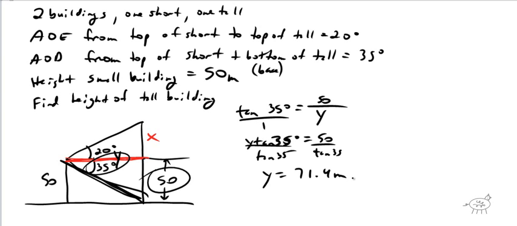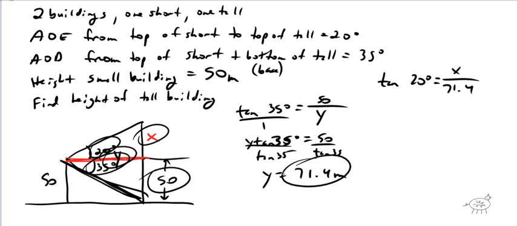71.4 meters. Okay, so now I have y, and I can go to the top triangle. And I can say, I've got y, and I have 20 degrees, and I need x. So again, there's no hypotenuse, so I'm using tangent again. So tangent of 20 degrees equals x over 71.4. Now I rounded that, and you're not going to round it. You're going to keep that in your calculator, because what I'm going to do here is if I multiply, I get x equals, cross multiply, so 71.4 tangent of 20.